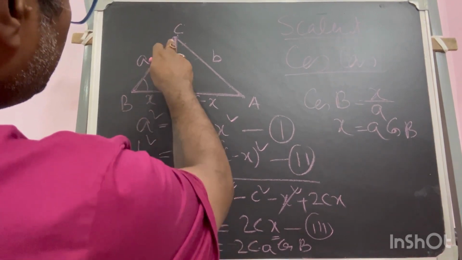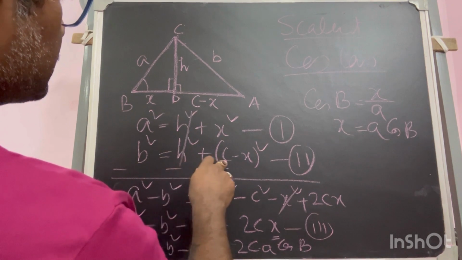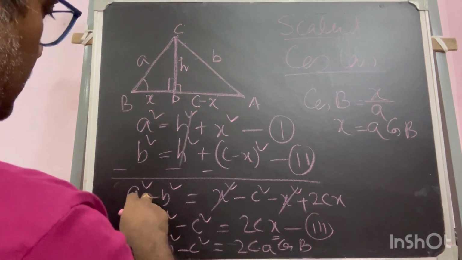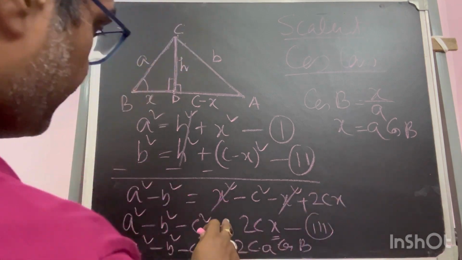Then a square by a square plus x square, b square is equal to a square plus c minus a square minus b square, x square minus c square is equal to this.